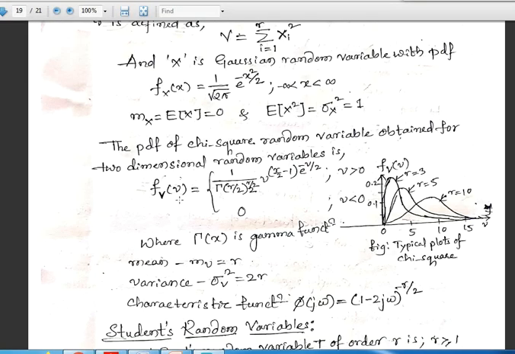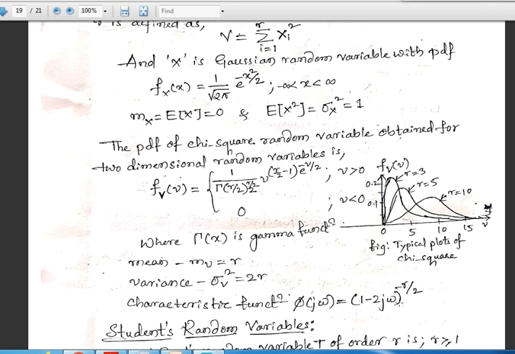To make it a bit clearer, we represent f_V(v) as 1 divided by gamma of r by 2, 2 raised to r by 2, v to the power r by 2 minus 1, e to the power minus v by 2, where gamma of x is the gamma function, the mean m_V is equal to r and its variance sigma_V square is equal to 2r.